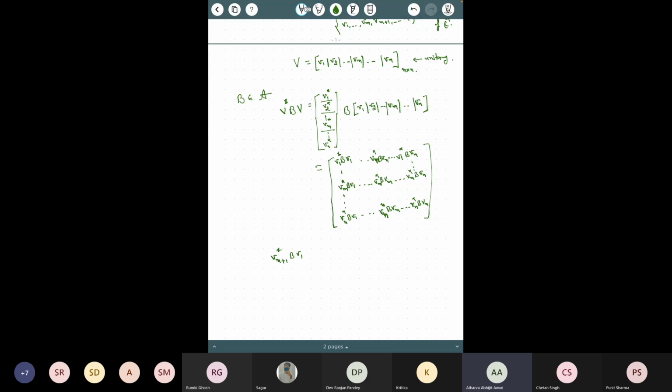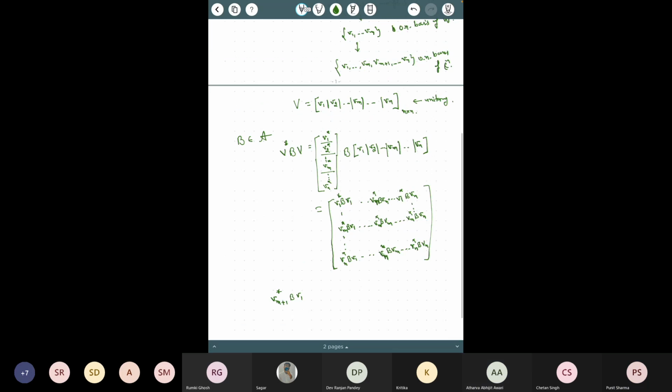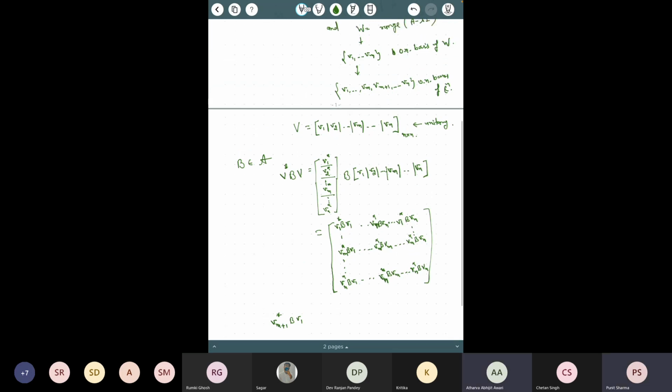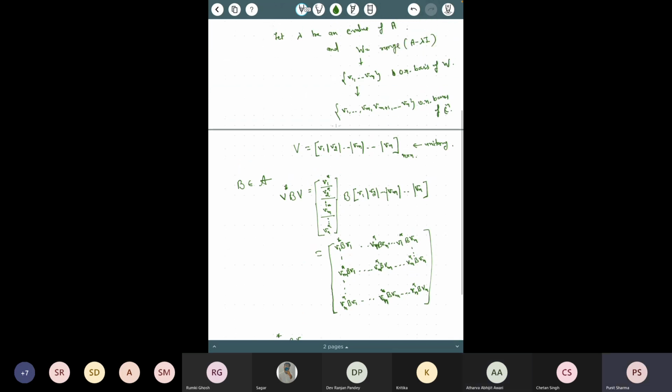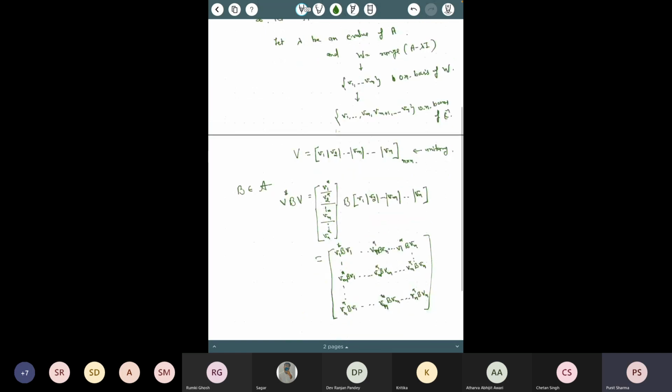So that is why it will be 0, because lambda we have taken as an eigenvalue. But it is an eigenvalue of A. Oh, sorry. Right?